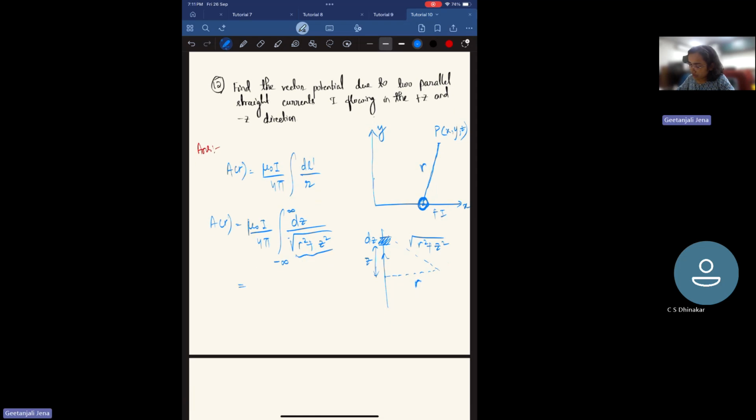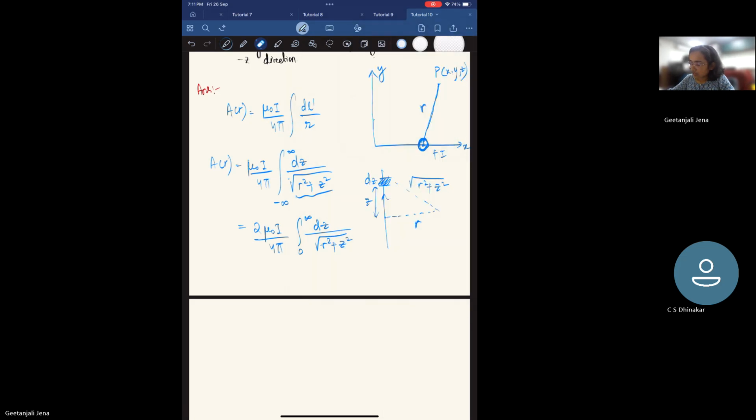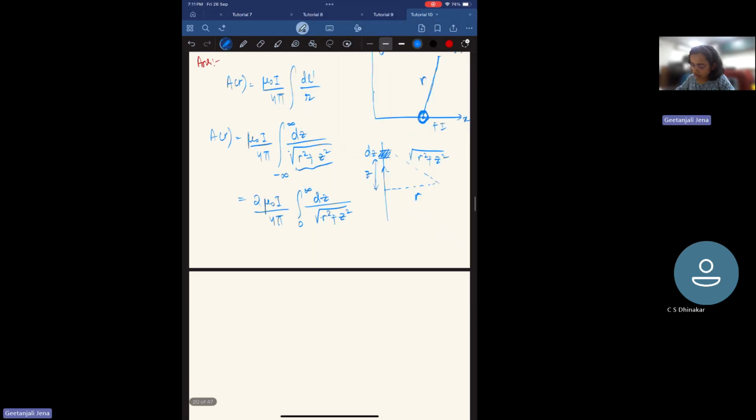This is an even function, so you can write it as 2 times mu naught I by 4 pi ∫ from 0 to infinity dz over square root of r squared plus z squared. The integration value is a logarithm function.